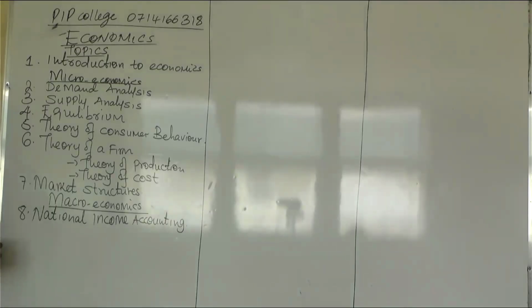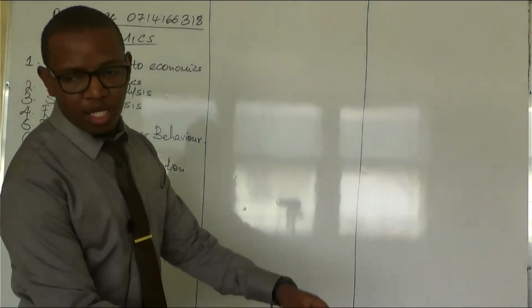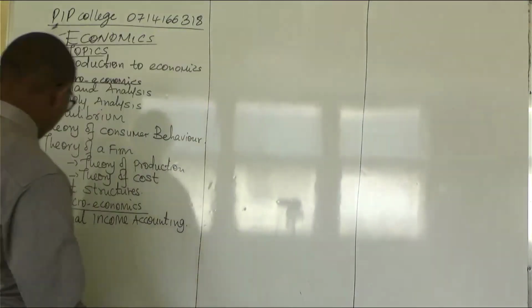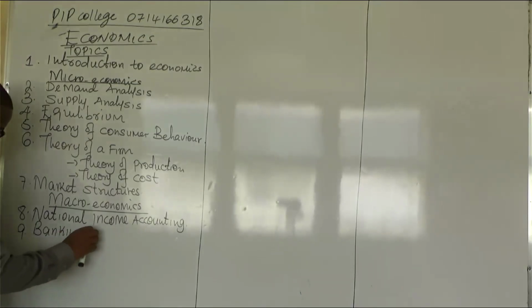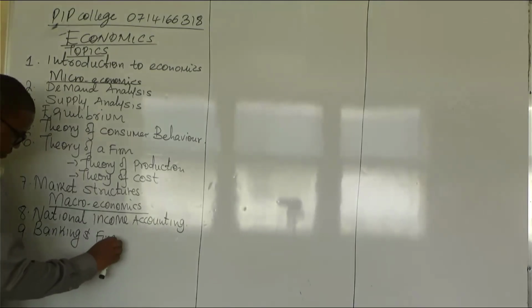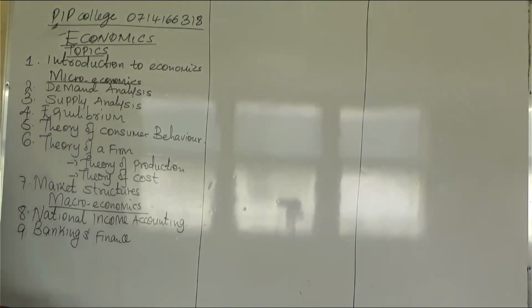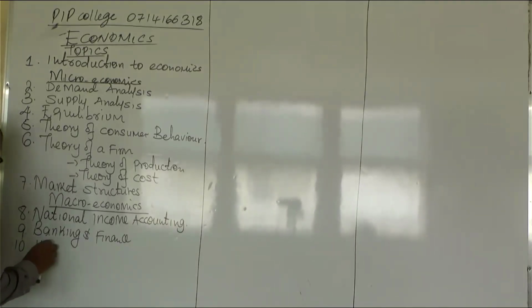That is generally how we determine the national income, the personal income, etc. Then after that, we'll also be able to talk about banking and finance, or what we call money and banking. And then number 10, we'll also talk about unemployment.